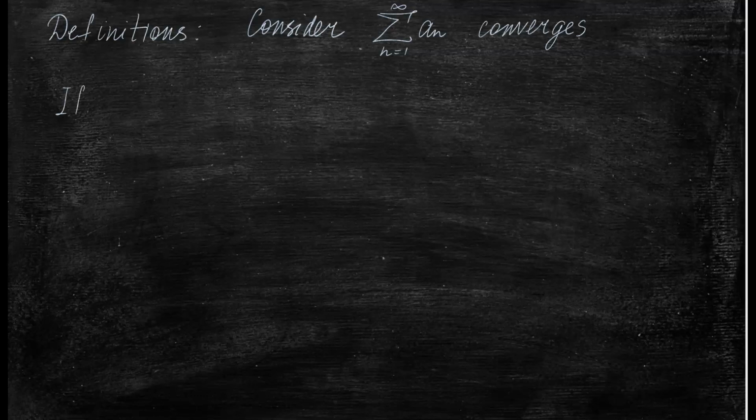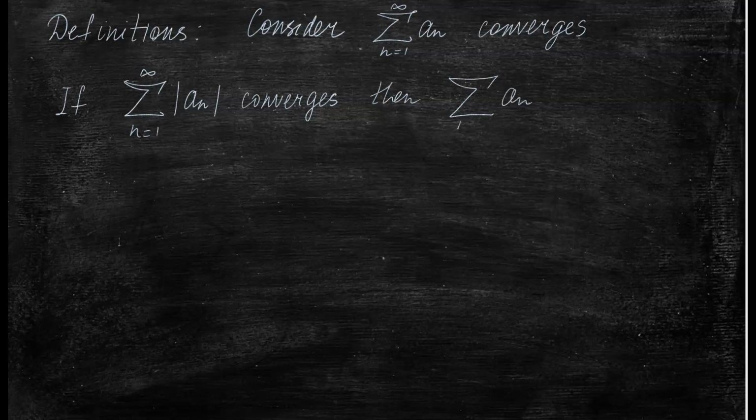And if we consider a series made of the terms of the original series by dropping the alternating factor, and that series converges, then the original series that is already known to be converging is said to converge conditionally.